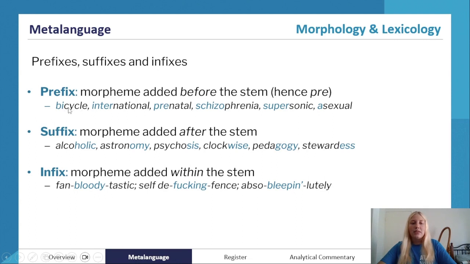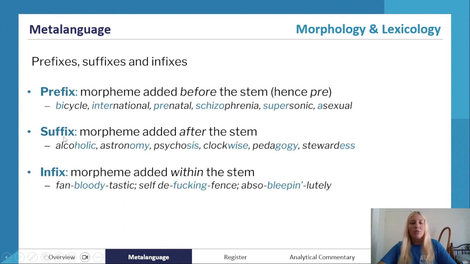Cycle is the stem. Cycle with the E is the stem. National is the stem. Natal is the stem. Phrenia is the stem. Sonic, sexual, those are all stems. So a prefix is if there's something added that goes before the stem.